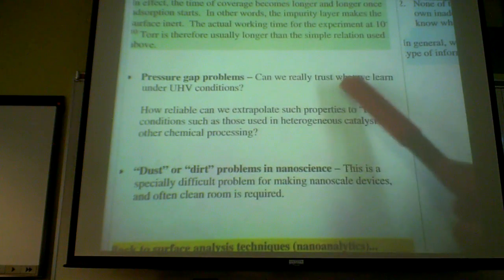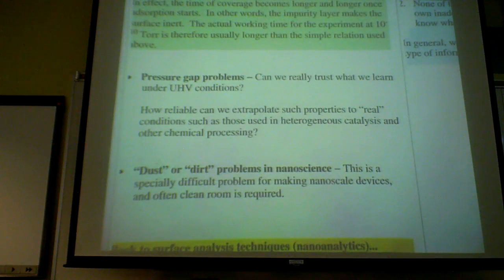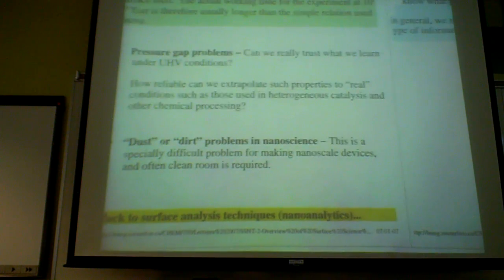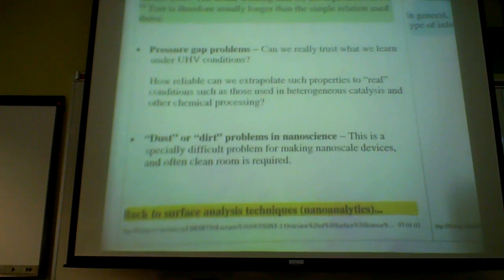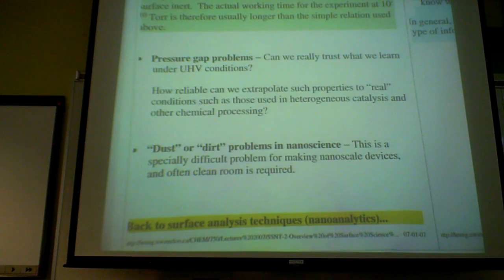But for chemistry, it is true that there could be an issue, especially when you're dealing with catalysts. The other issue is that when you are talking about surface science, you want to characterize your surface. And you really don't want a very dirty surface because then you are studying dirt, right?